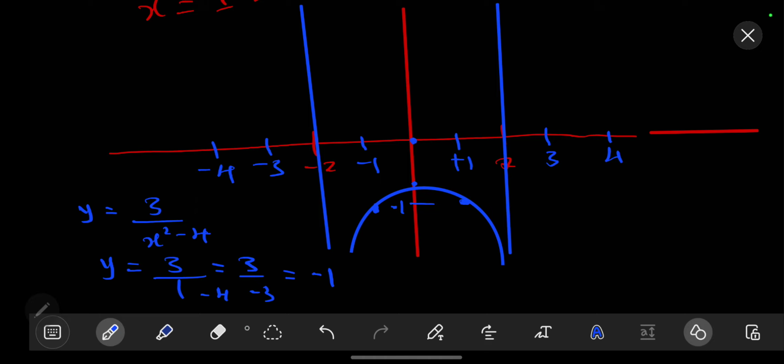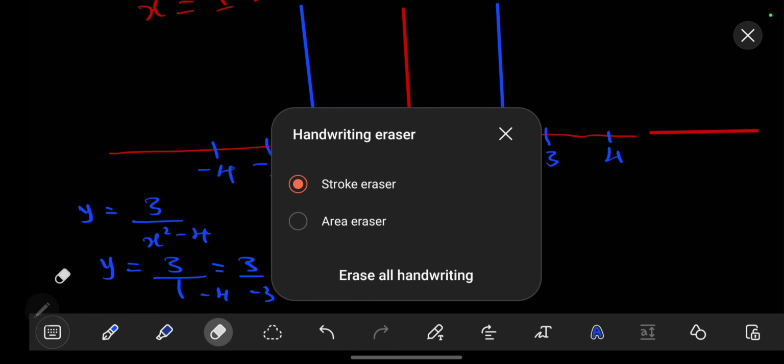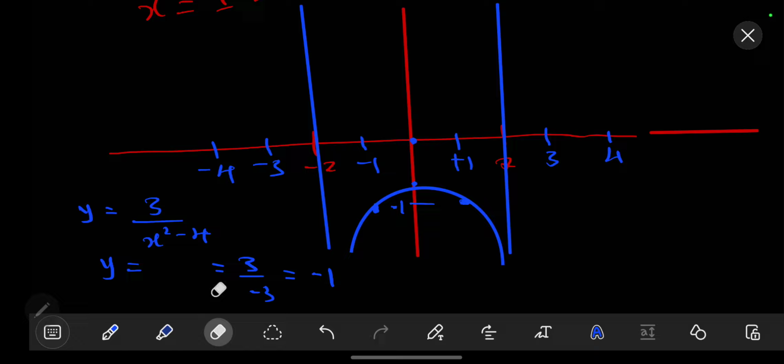Let's put a 3 to study the behavior. If I put a 3 for x, I'll have 3 over 3 squared minus 4, which will be 3 over, 3 squared is 9, 9 minus 4 gives me 5. 3 over 5 is approximately 0.6 if you do your math.